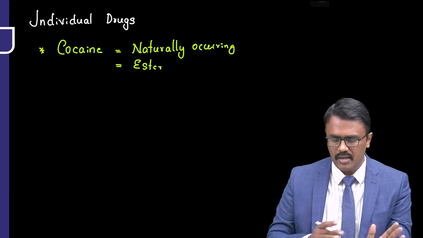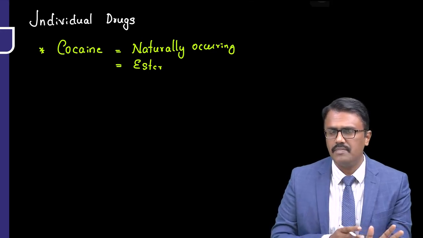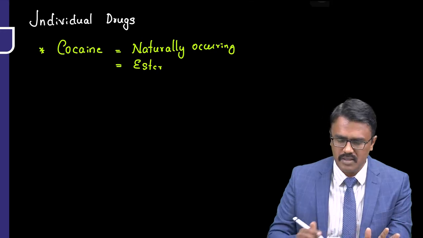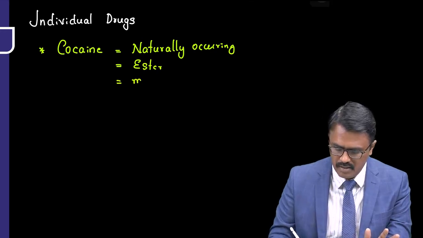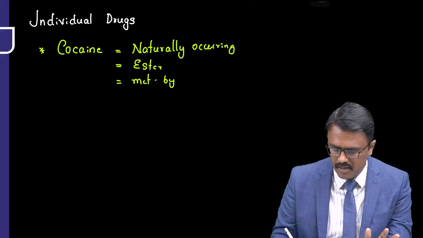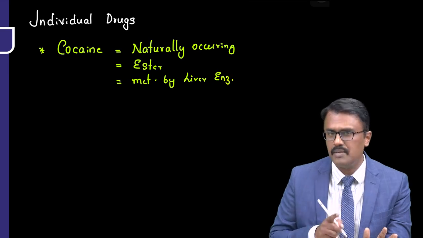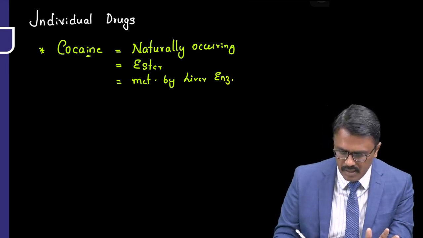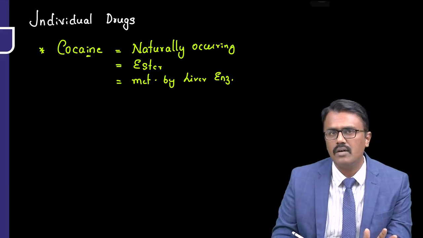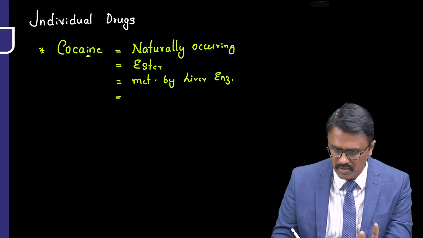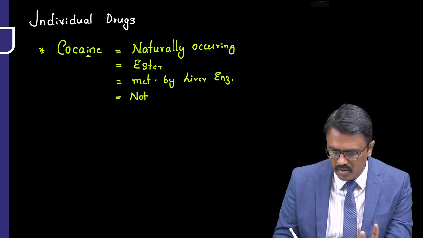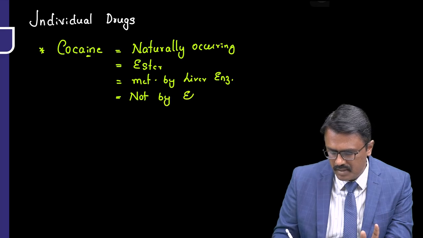Usually the esters are metabolized by esterases, but this is metabolized by liver enzymes. So there is an exception. Remember, anything ending with I, one I, is what? They are esters and metabolized by esterases, but this is metabolized by liver enzymes, not by esterases. So that is one specialty of this.